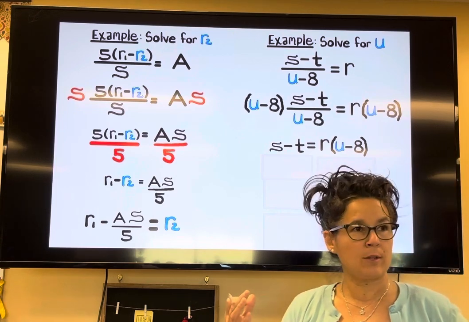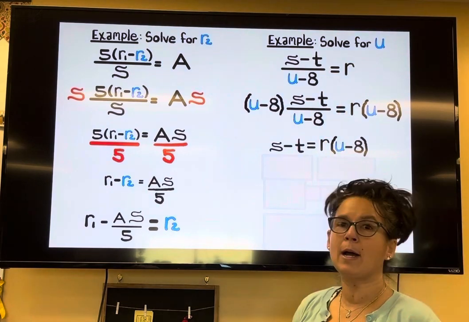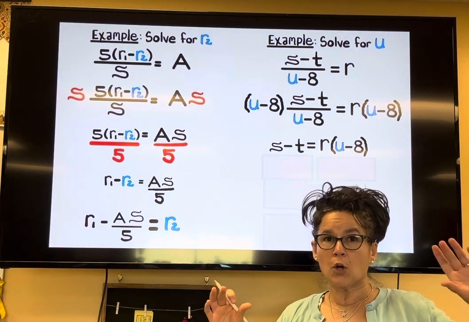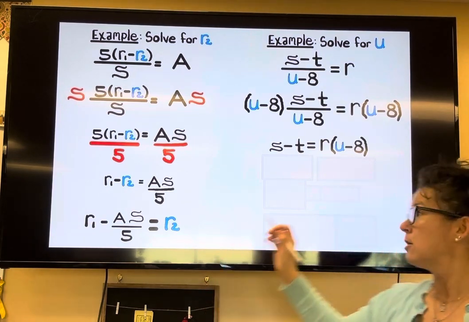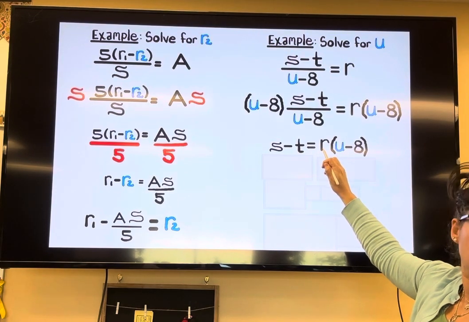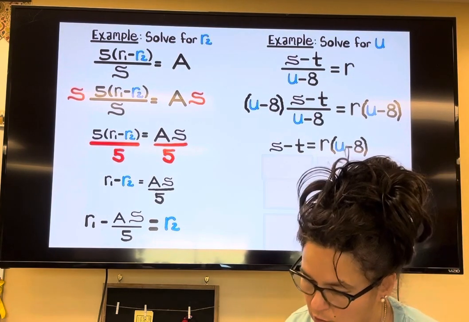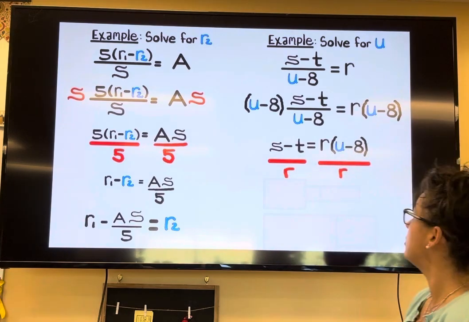But if you stick with the idea that you're undoing PEMDAS and I'm trying to get u by itself, I'm going to worry about what's inside parentheses last. So if I'm getting this u by itself, I'm going to get rid of this multiply by r. To do that, I'm going to divide by r. What I do to one side, I do to the other.